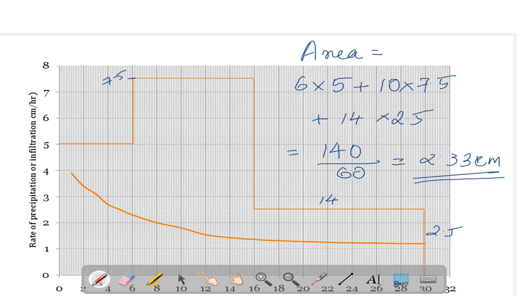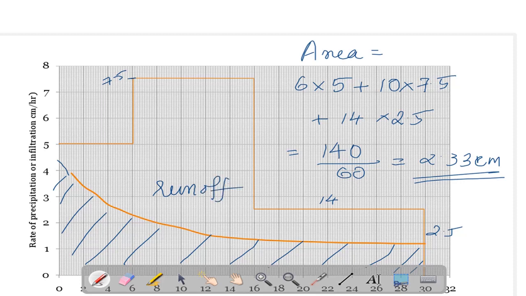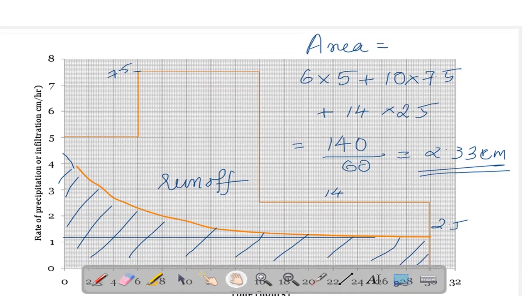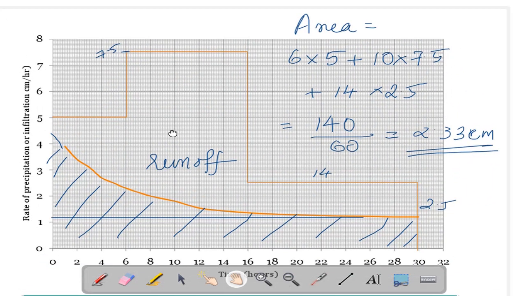Okay. Next one, excess rain, that is runoff, we have to calculate. This much value is infiltrating. Okay. This is the infiltration. We have to calculate the excess rain, that is, this represents runoff. So we already calculated this much area, and to that you have to add this area.